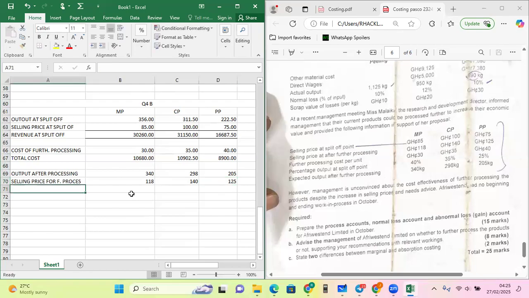Now let's look for the revenue for processing.